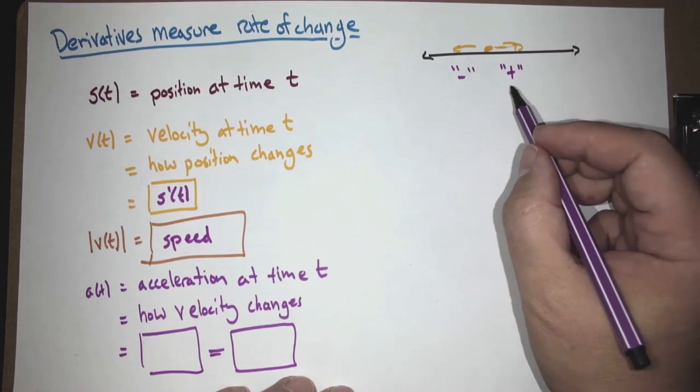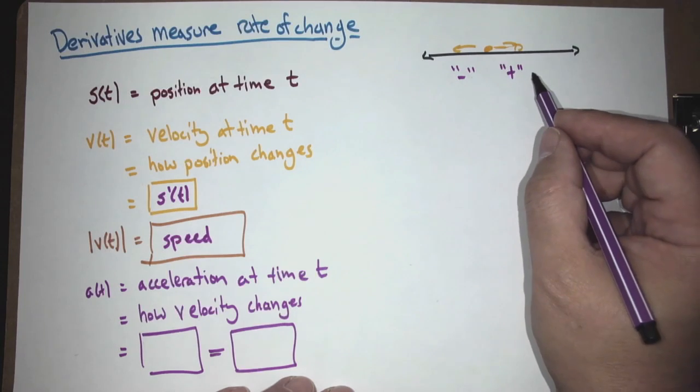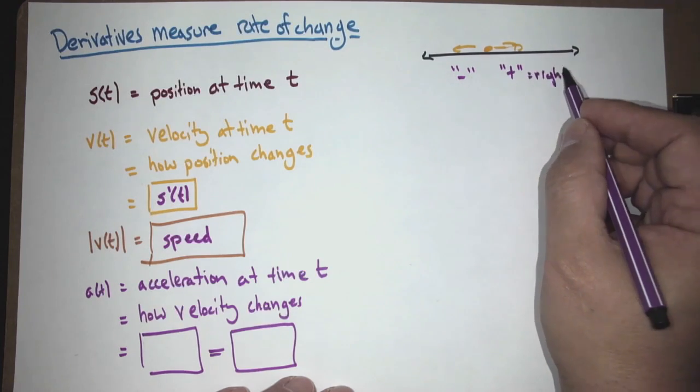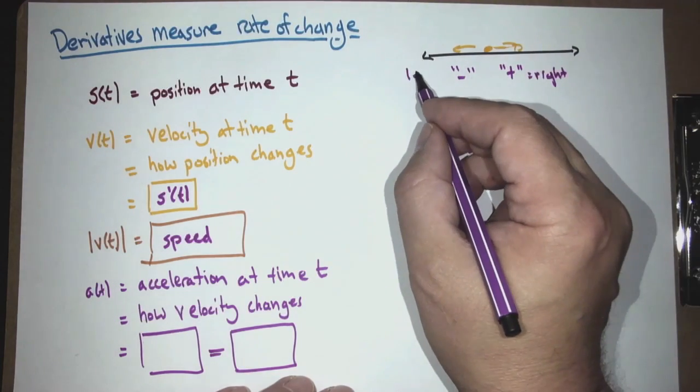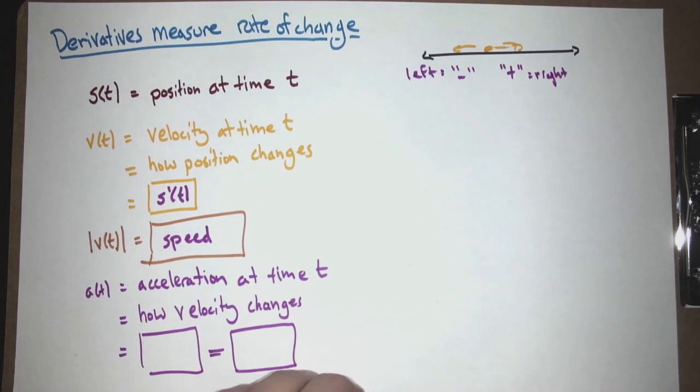So when your velocity has a plus sign, this is to the right. When your velocity has a minus sign, this is to the left. So velocity is encoding some direction information. And here it's just very simplistic left or right. Now, if I don't want to be moving left and I don't want to be moving right, what should my velocity be? 0. So stationary means velocity of 0.